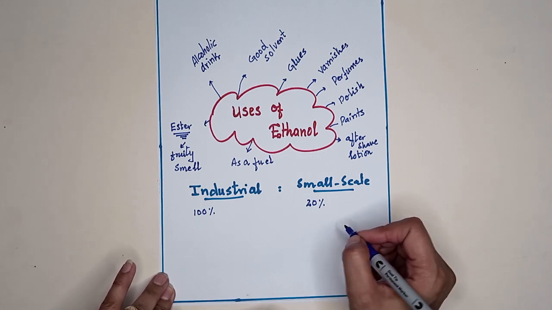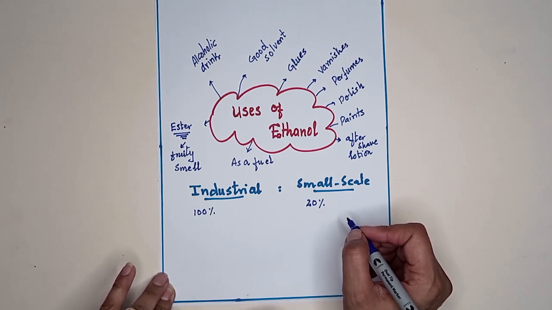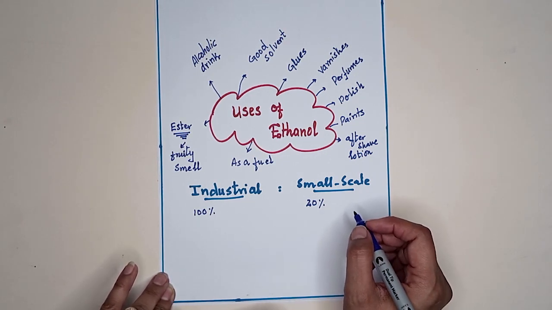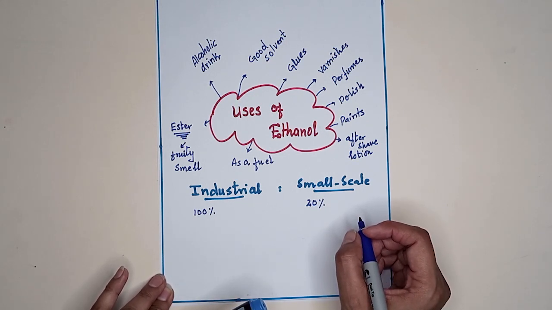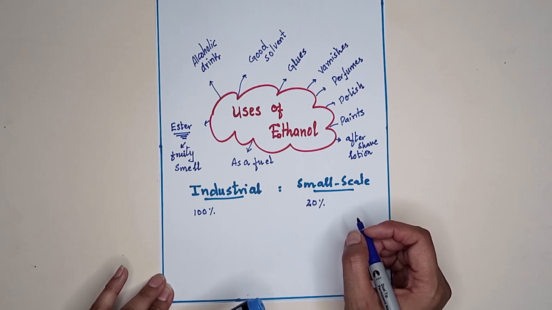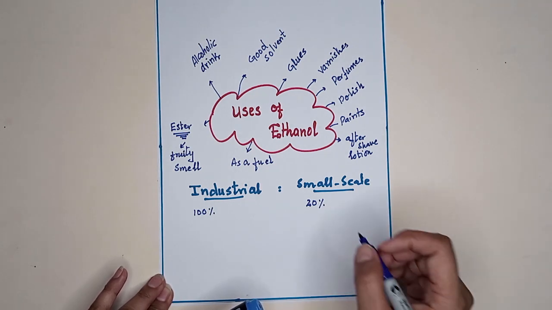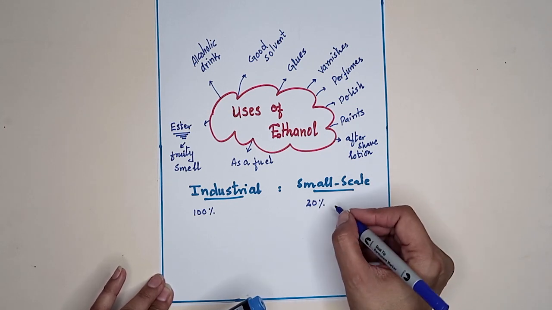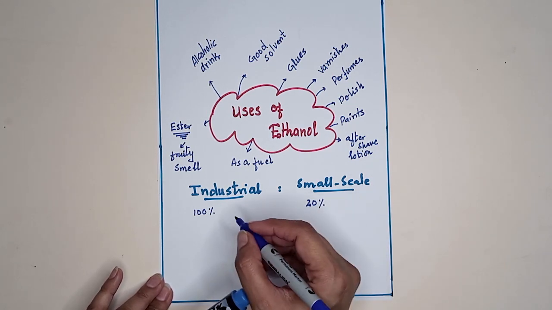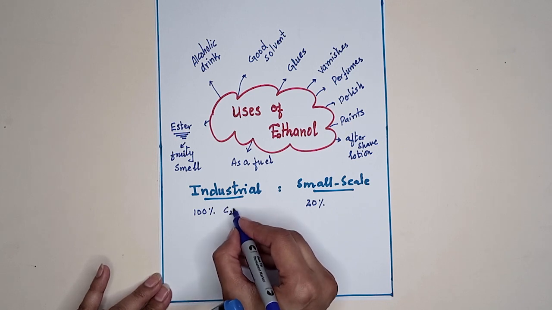Why? Because yeast cannot grow or respire at high temperature. They are biocatalyst enzymes, so they become denatured because they are protein in nature. So at small scale, 20% ethanol is produced.